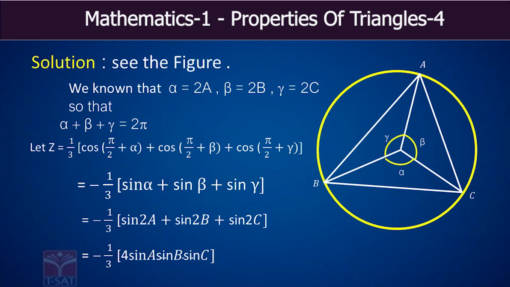So, therefore, let the expression be cos (pi by 2 plus alpha) plus cos (pi by 2 plus beta) plus cos (pi by 2 plus gamma), which is nothing but minus sin alpha minus sin beta minus sin gamma, that is minus sin 2A plus sin 2B plus sin 2C. So which is minus 4 sin A sin B sin C.